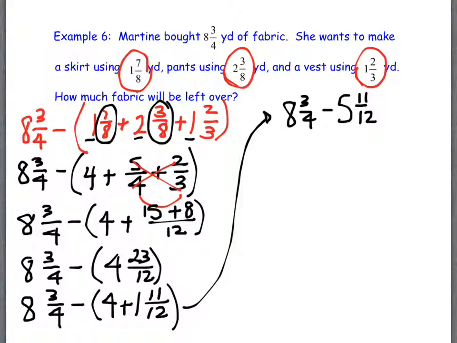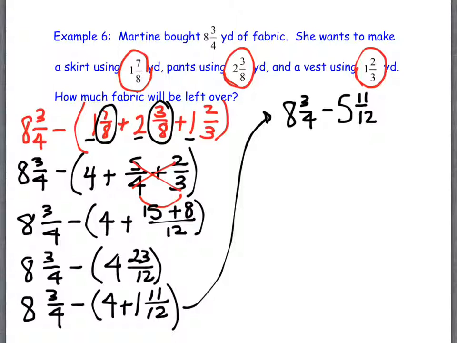I turned 23 over 12 into a mixed number. I divided. What I did, to be honest, Gary, is I recognize that's just one short of being the number 2 anyway. So I have 11 left over of that. Yeah. And if you're not sure, if you were working with a child, you would want to show that step, right? I mean, you would show the division so that they can see where that's coming from.